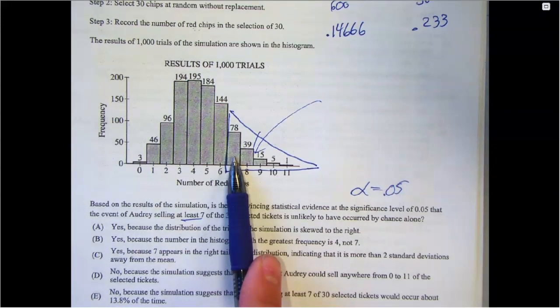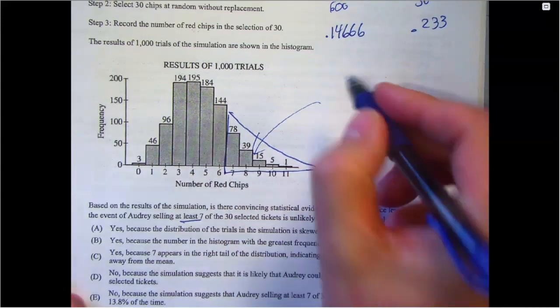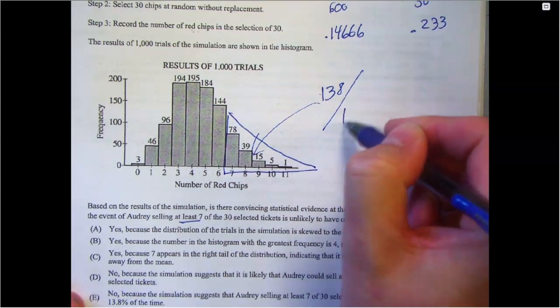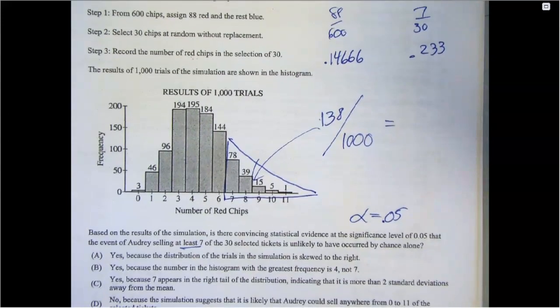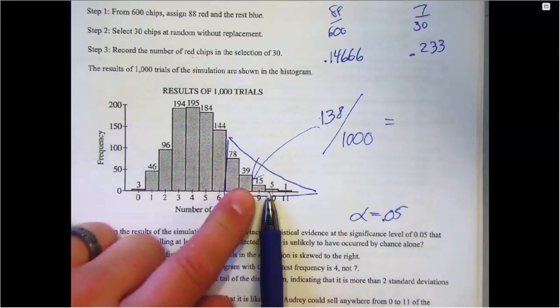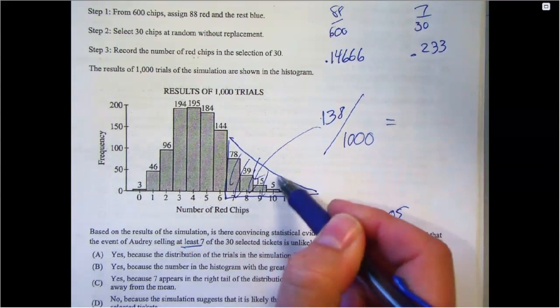So I'm going to go 78 plus 39 plus 15 plus 5 plus 1. That's 138. There were 1,000 total in my simulation. So what's my p-value? It's the proportion that we shaded. So it'd be this part over here.